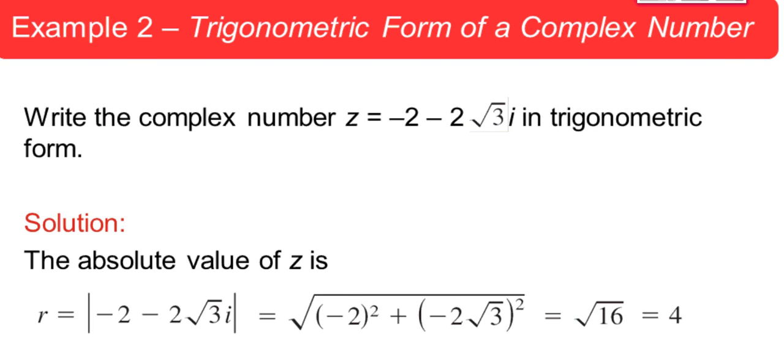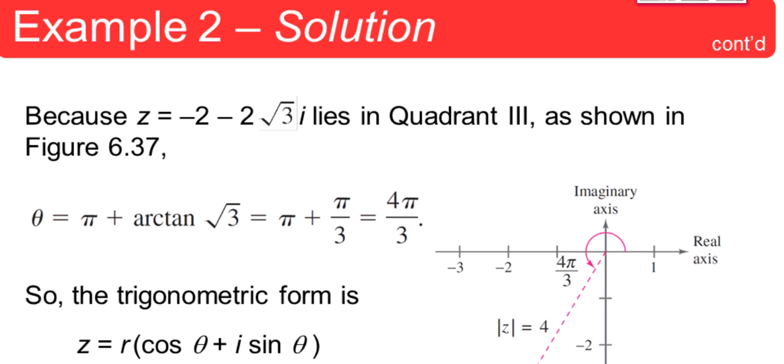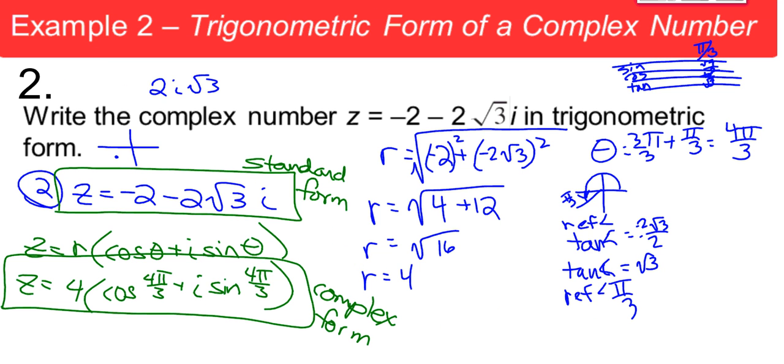In this case it is, but let me go to this. And so this is a complex number in trigonometric form. Oh, wait, just a minute, I just want to see what I wrote there. Oh, I wrote this wrong.